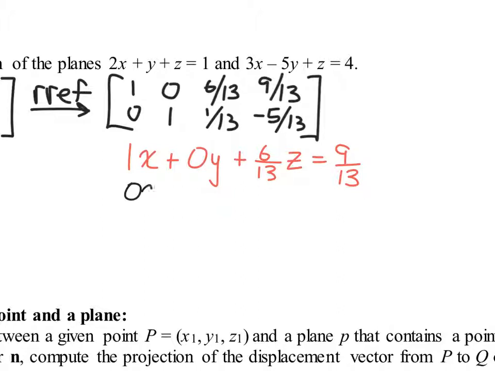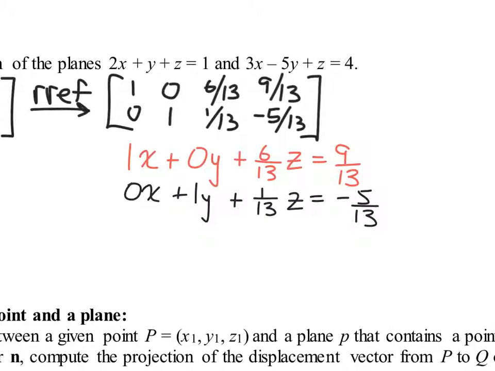Then we have 0x plus 1y plus 1/13 z is equal to negative 5/13. All right? Which doesn't look like a parametric equation at all. It's definitely not a vector valued function, so now what?